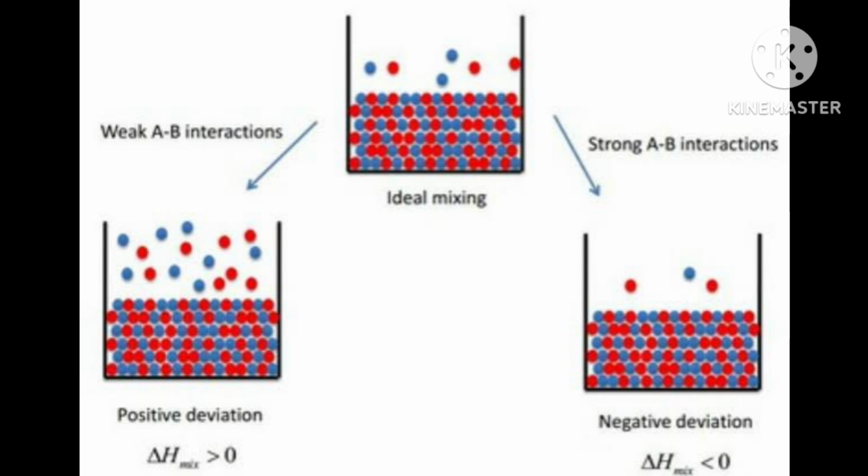Then P1 is equal to X1 into P1 naught. This is the mathematical statement of Raoult's law. This is very, very important, and a plot between the vapor pressure and the mole fraction of the solvent is linear.